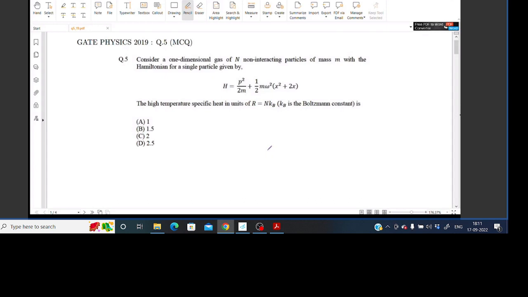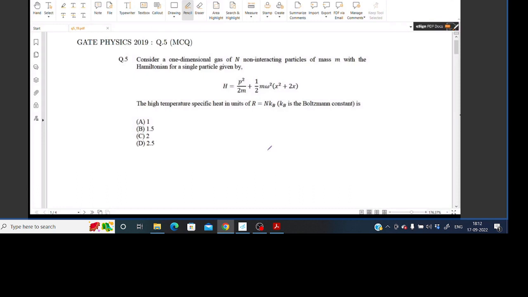Consider a one-dimensional gas of n non-interacting particles of mass m with the Hamiltonian for a single particle given by H equal to p square by 2m plus half m omega square into x square plus 2x. We need to find out the high temperature specific heat in the units of R equal to n kB, where kB is the Boltzmann constant.